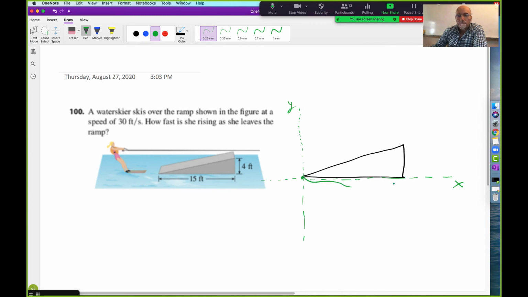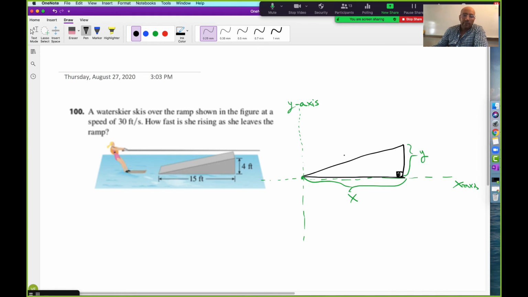And so this distance here would be some value x along the x-axis. That's convenient. And then we'd call this some value y along the y-axis. Good. And then we can call this h for the hypotenuse. Of course, it creates a right triangle.